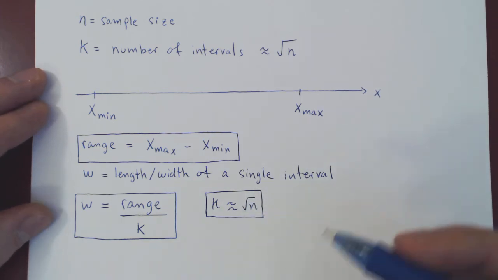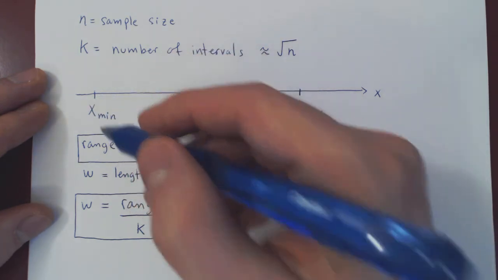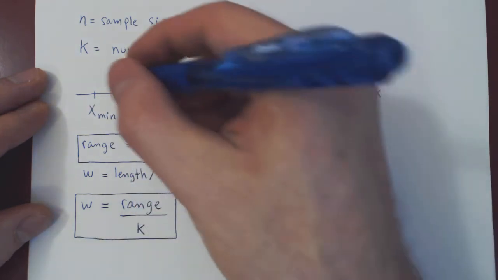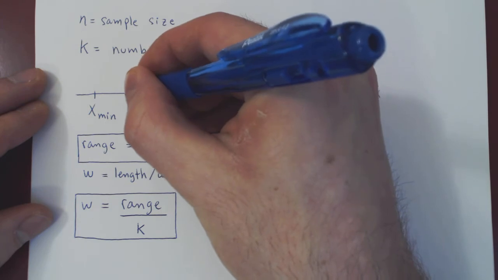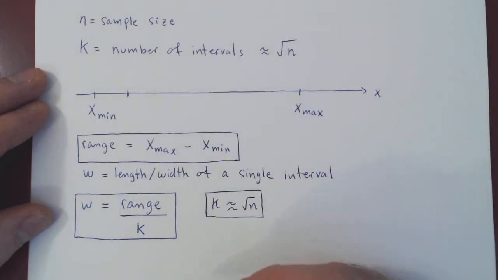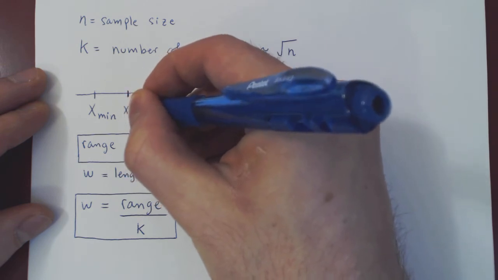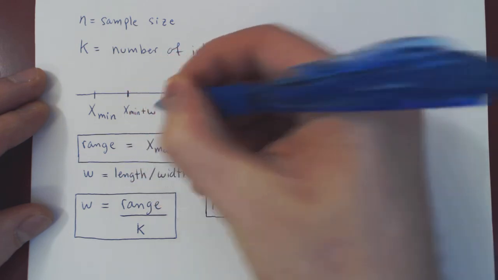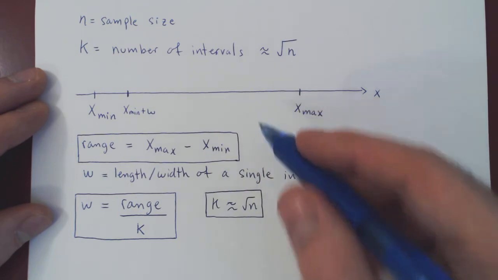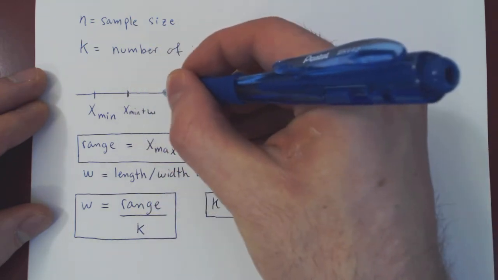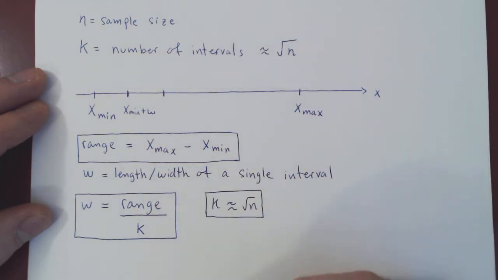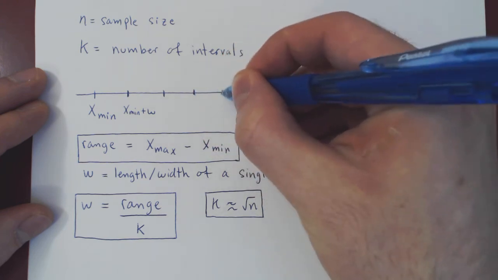And now, think of it. You start with your x min, and you add w to x min, so you get the right endpoint of your first interval, x min plus the width, and you keep adding w every time. Add w again, at the right point of your next interval, add w, add w.